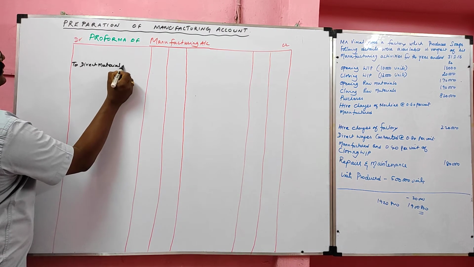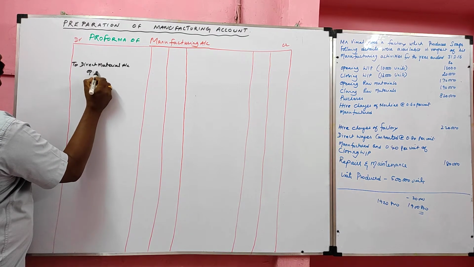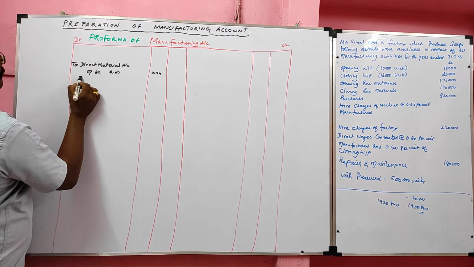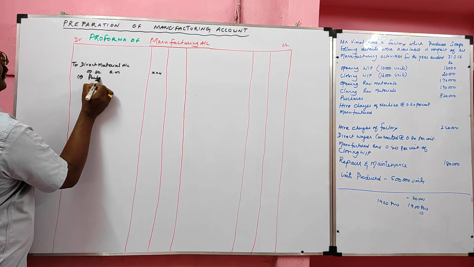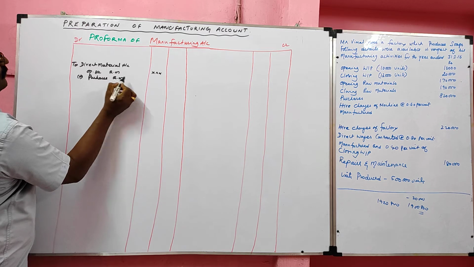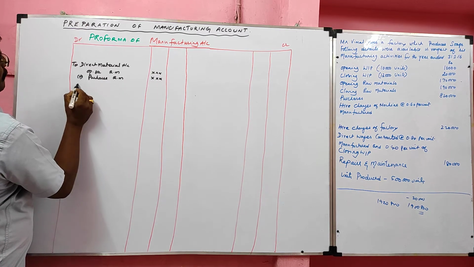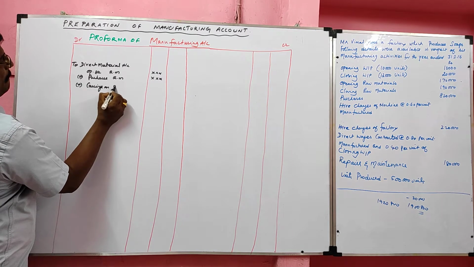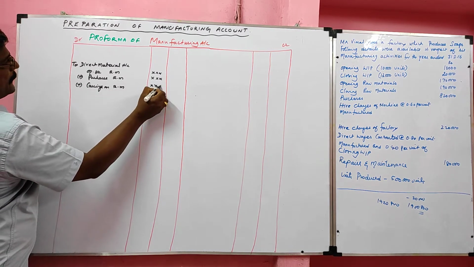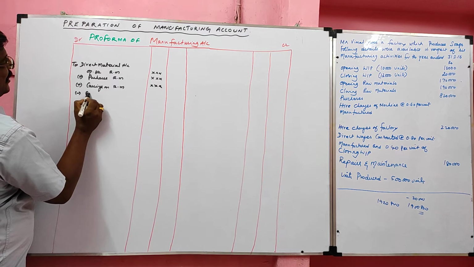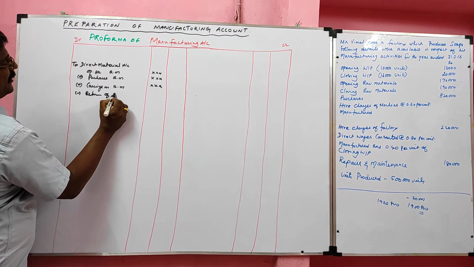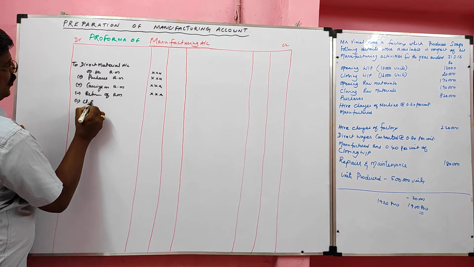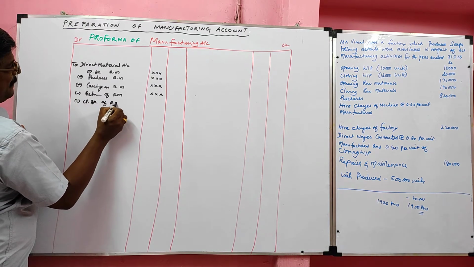To direct material account. Here opening stock of raw material, plus purchase of raw material, plus carriage on raw material, minus return of raw material, minus closing stock of raw material.